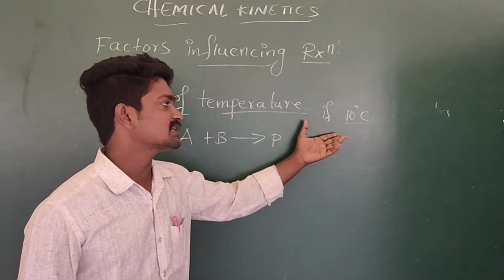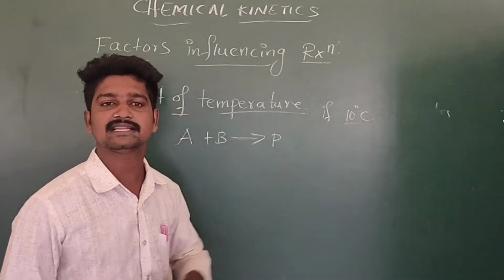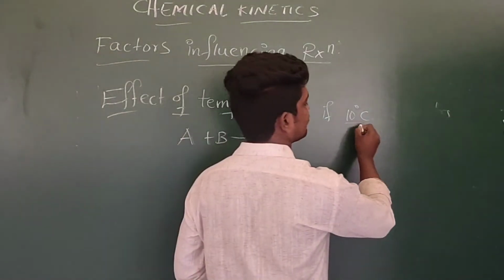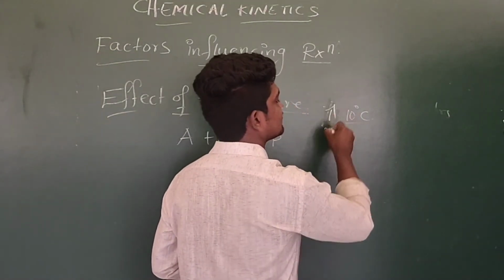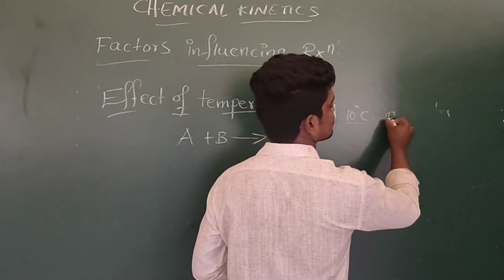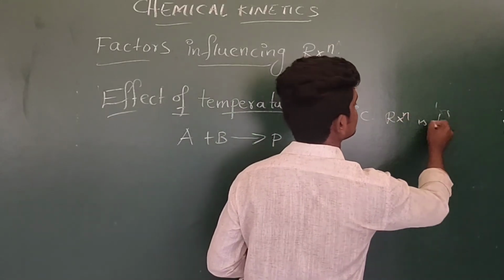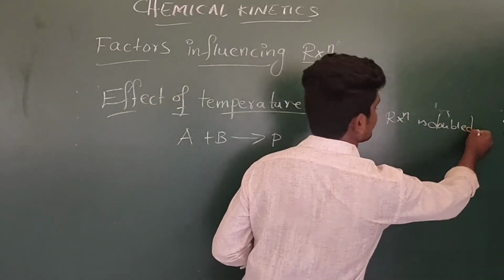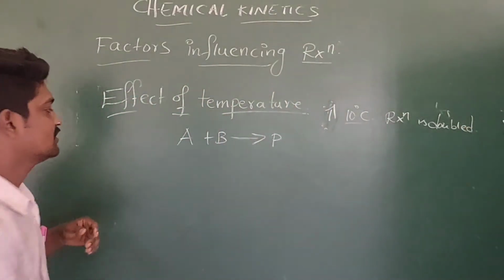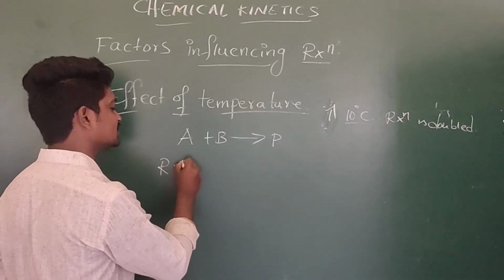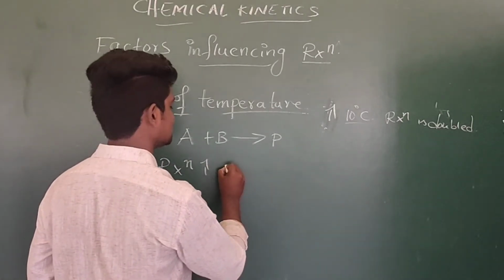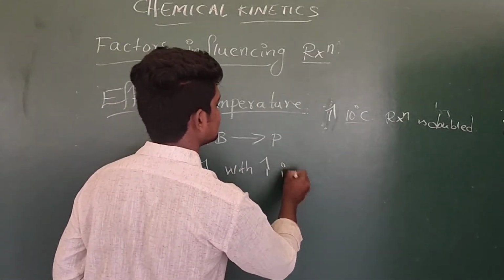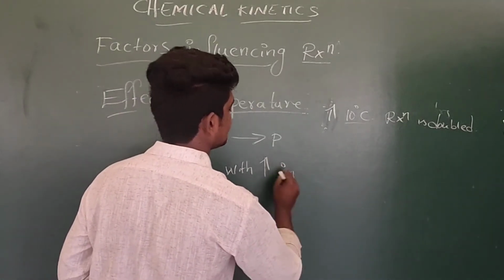See the example here: if we increase 10 degrees centigrade, the rate of reaction is doubled. So we can write, rate of reaction increases with increase in temperature.